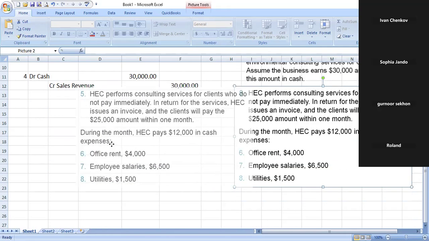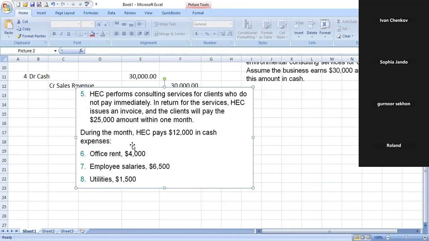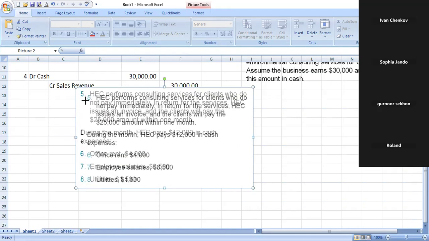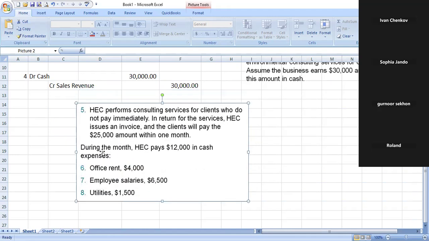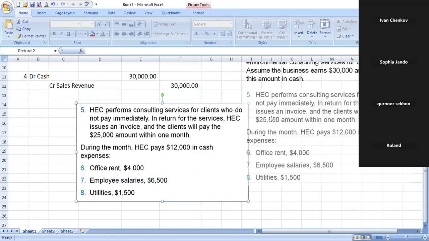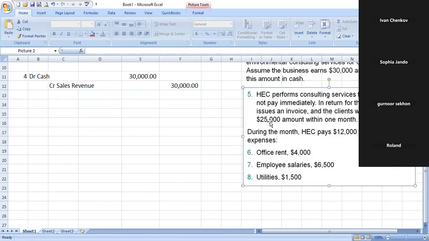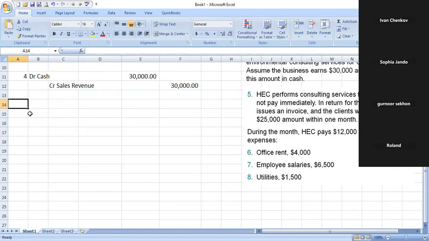Next thing, the company performed another consulting service for the client, but they didn't pay. So did we get cash here? No. Do we have to get the cash later? Yes. What's that going to create for us? Receivable, right?